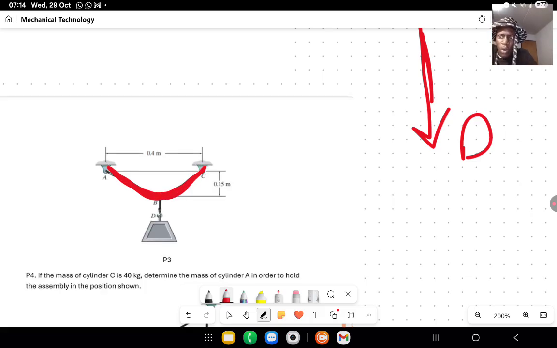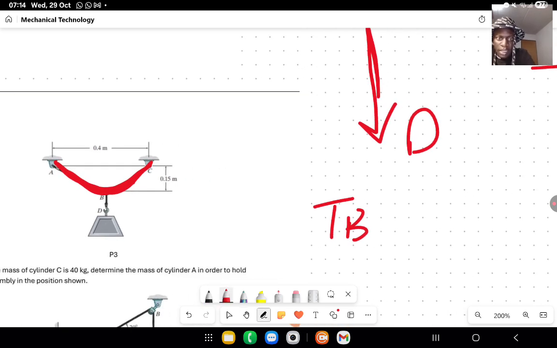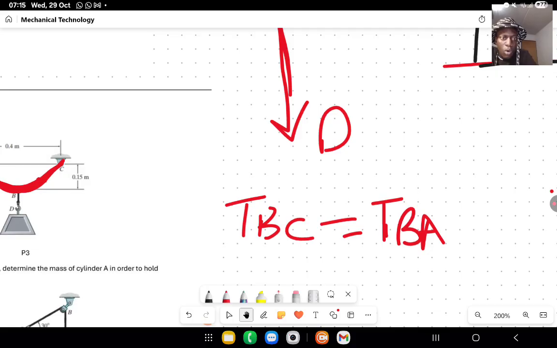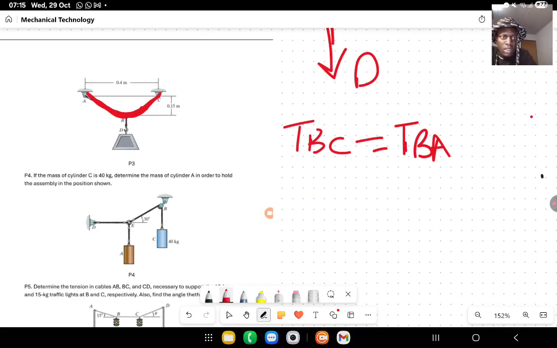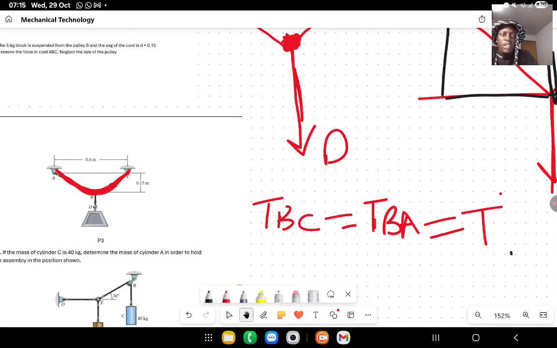That means we are going to say TB is equal to TBC, the tension BC here and here are equal, equal to TBA. Why? The cords are continuous. Therefore, we can call this T. We represent this as T.